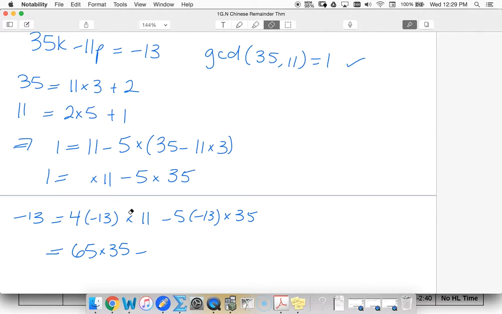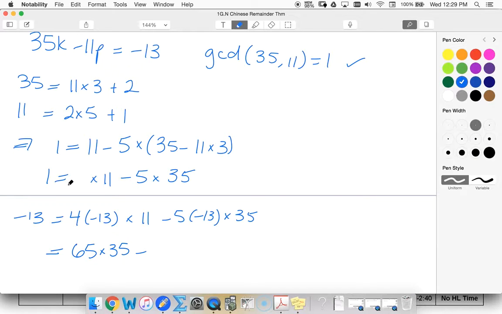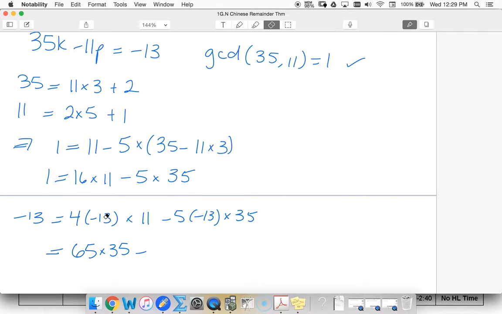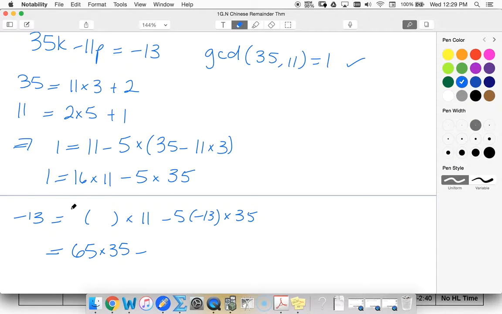So let's go in and make that 16. My 4 is 16. So 16 times negative 13 is negative 208 times 11, and that gives me my negative 13.